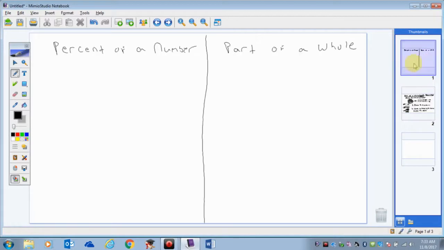Alright, so we're going to make a little chart here just so that we know what the difference is between the two. Percent of the number, we're going to do the same thing with both of them. We've changed both percents to a decimal, but percent of the number, you're going to multiply by the percentage. Part of a whole, you're going to divide by the percentage.